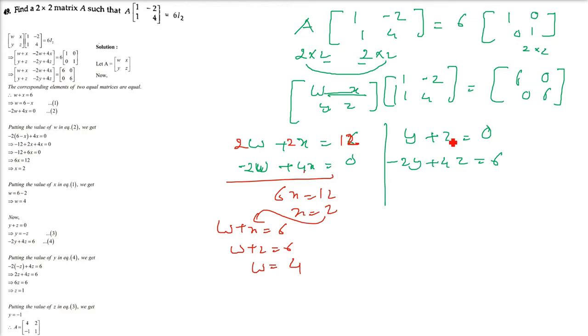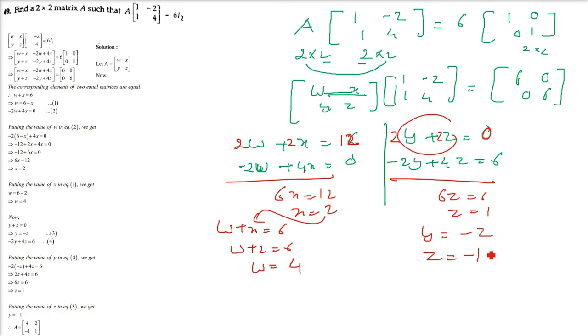Now y plus z equals 0, so multiply this again by 2, 2 is 0 only. Now add these two equations. So this is 0, 4z plus 2z is 6z equals 6, z is equal to 1. Now put it here, y plus z equals 0. z is 1, so y is equal to minus z, y will be equal to minus 1.